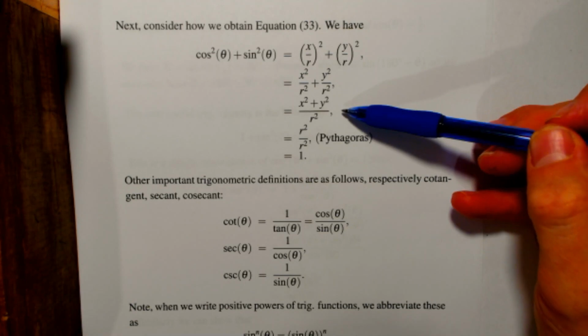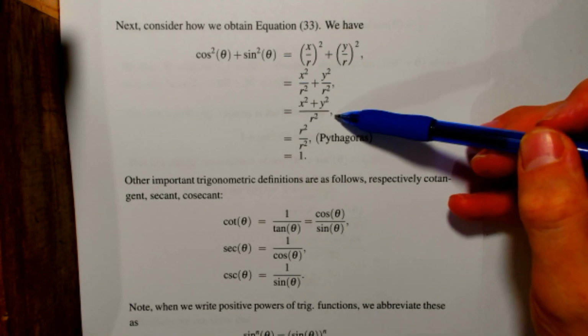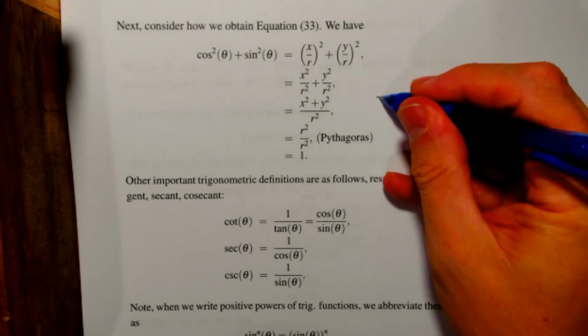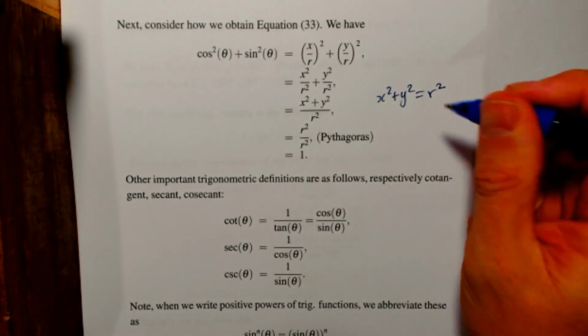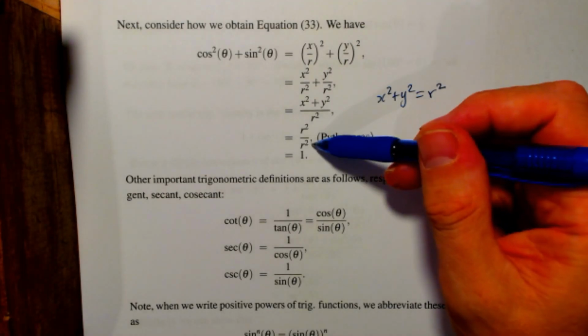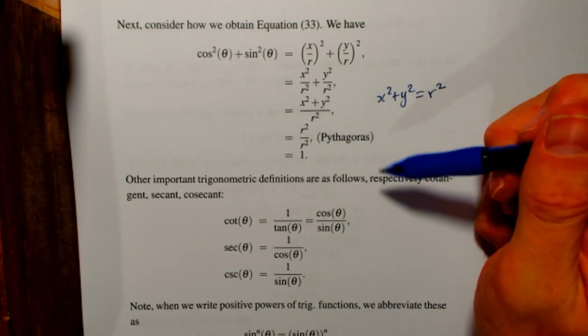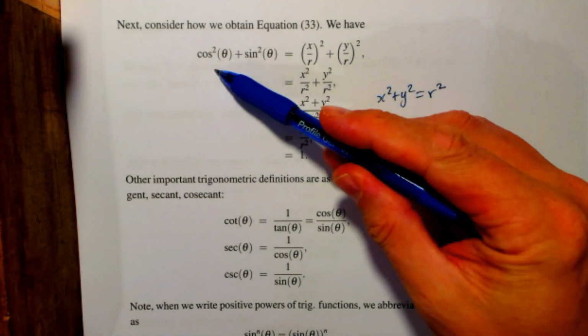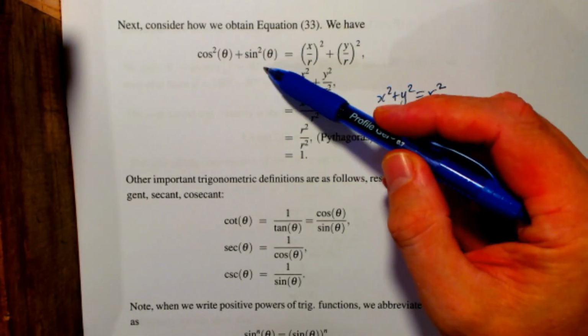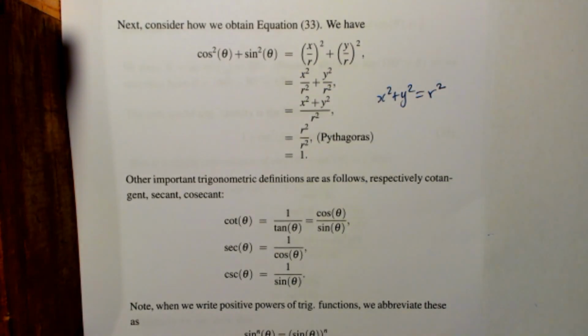So that's x squared plus y squared on r squared. But since x squared plus y squared is r squared by Pythagoras, this is just r squared over r squared, and so that gives us 1. So we've deduced that cos squared of theta plus sine squared of theta must be equal to 1.